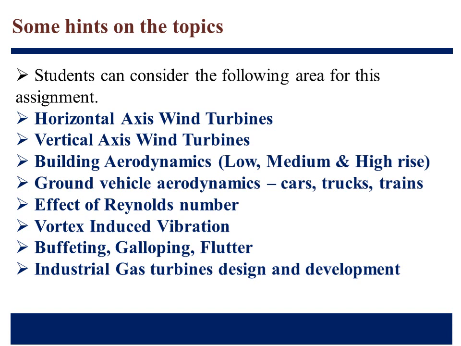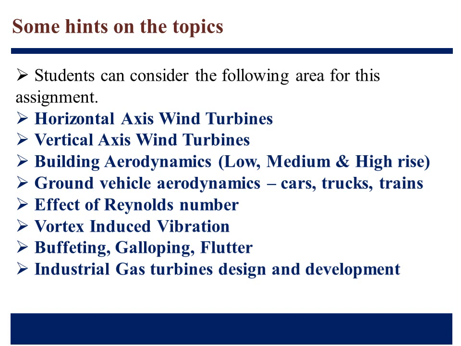You can talk about low rise, medium rise, and high rise buildings, flow over the building, pressure distribution over the building, force measurement over the building. Then ground vehicle aerodynamics. Here it can be car aerodynamics, truck aerodynamics, or train aerodynamics. There are a lot of research papers available.